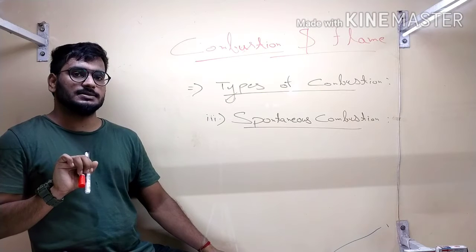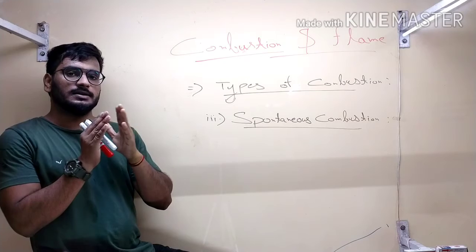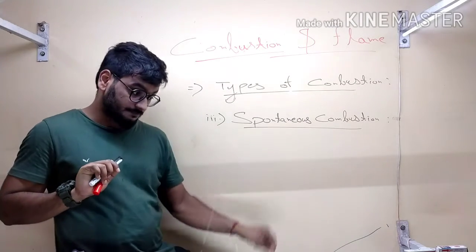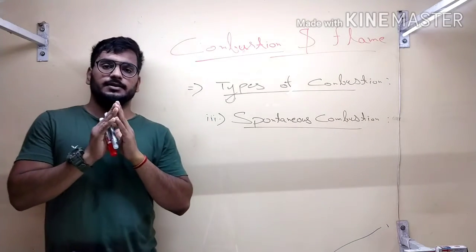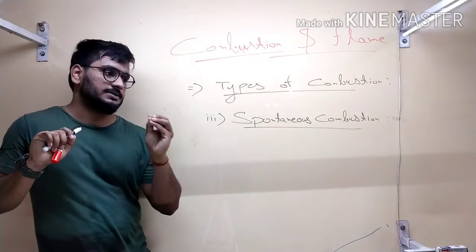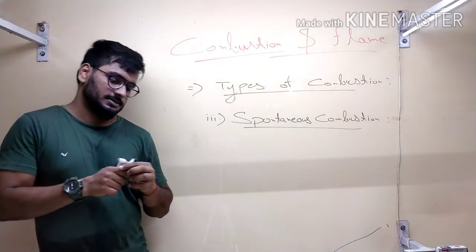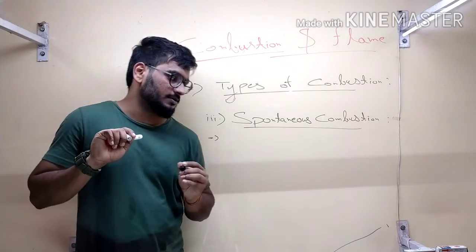Due to heat, grasses reach ignition temperature, and when they start rubbing with each other, then ignition takes place and spontaneous combustion occurs. That's my point. So note down first of all the definition.